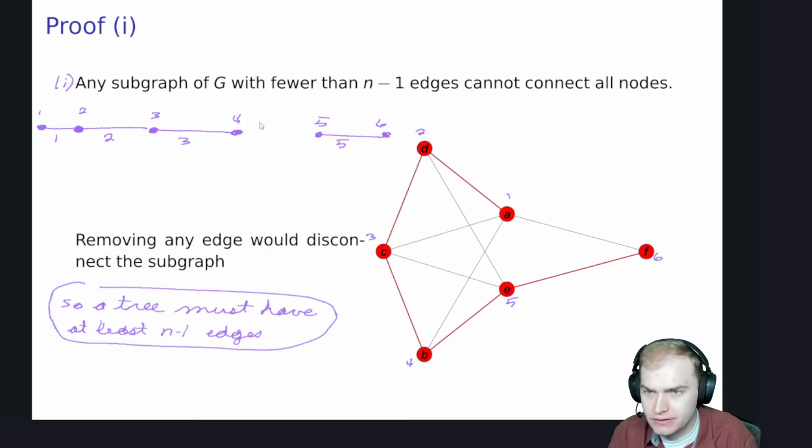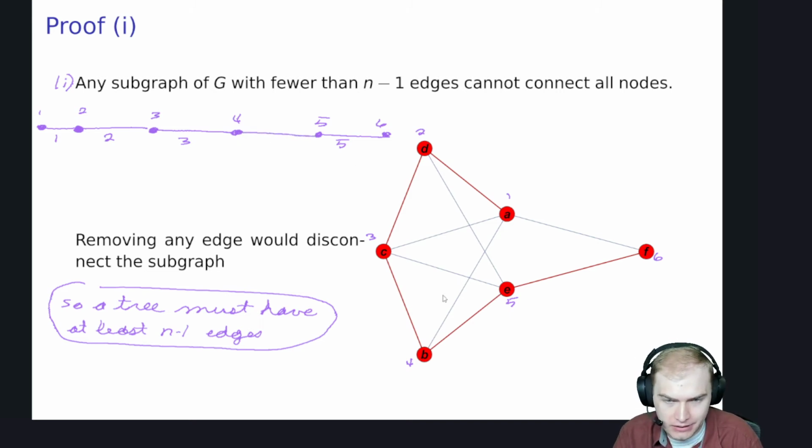Let's come back to this example. Suppose we had a path like this and we add any sort of edge here. We're going to have a cycle.